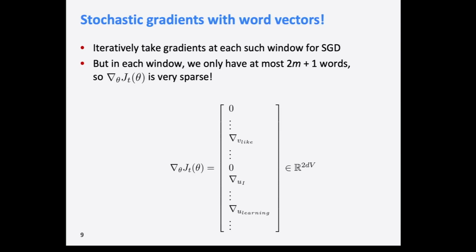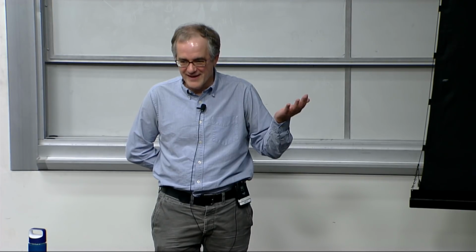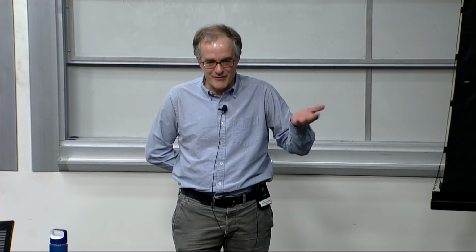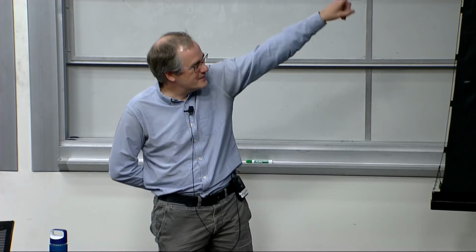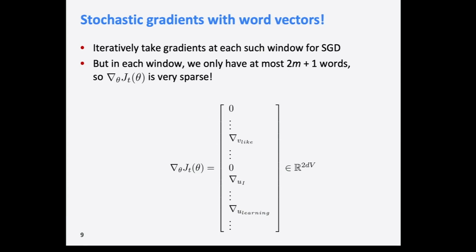If you have a mini batch of size 32 and a window size of 10, probably there are only about 100 to 150 different words in it, yet we're building this model over a vocabulary of 250,000 words or something like that. So just about all of the elements in this vector are 0.